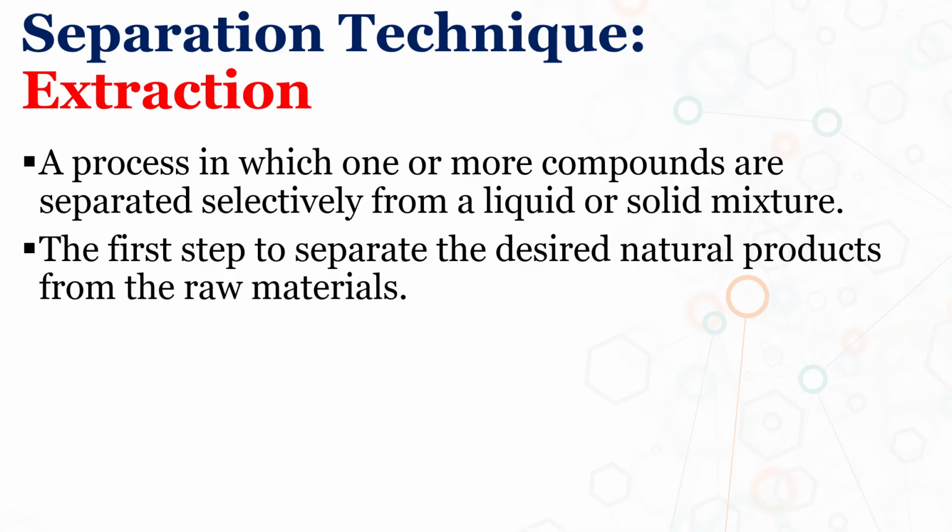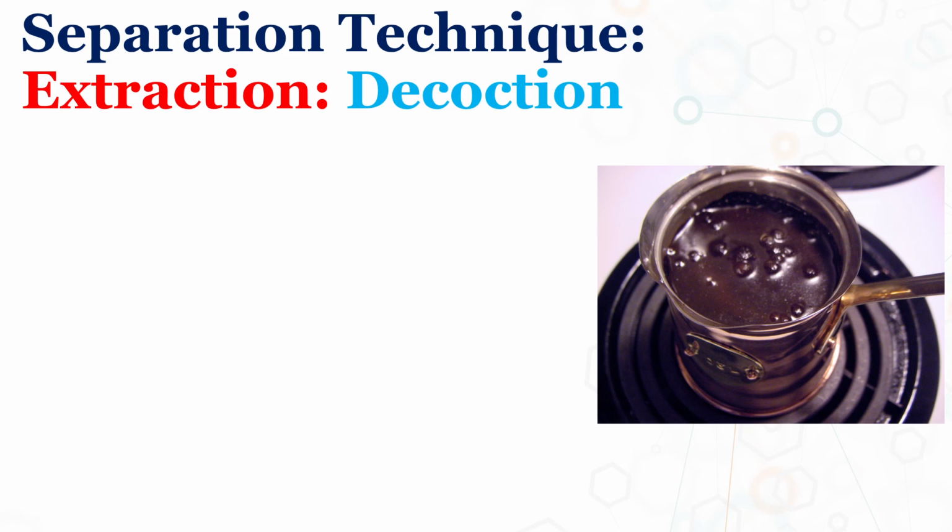For the method of extraction, we macerate them first, and then we remove the solid part, and the filtrate or the liquid portion is the extracted part. So this is the first step to separate the desired natural products from the raw materials.